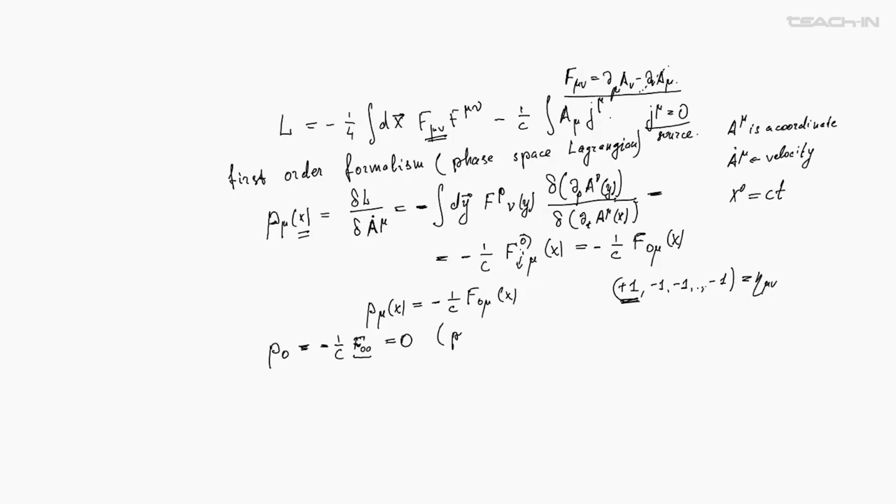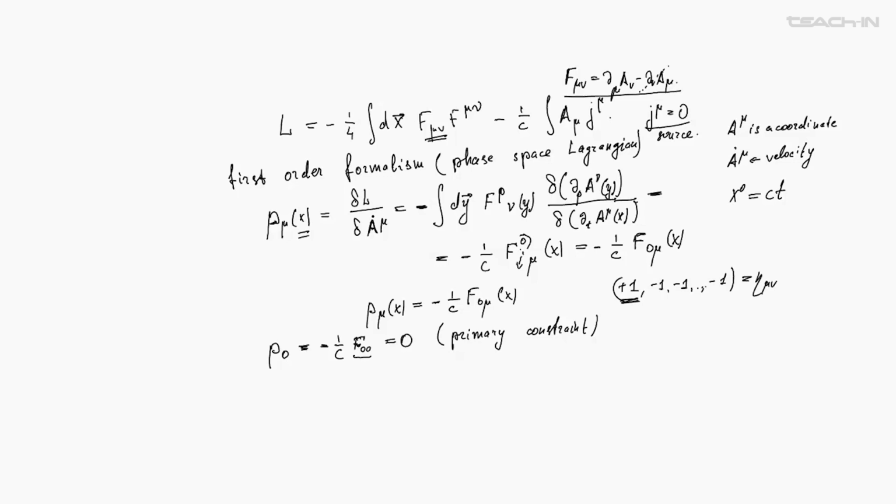So in fact, this means that not all components of P mu are independent. We derive the canonical momentum using the standard prescription of how to compute it. But then we see that actually component P0 appears to be 0 automatically.